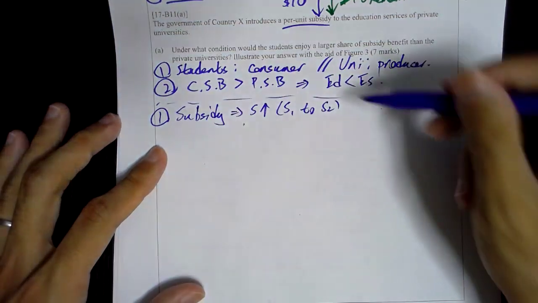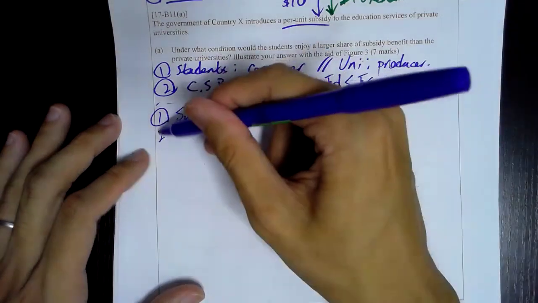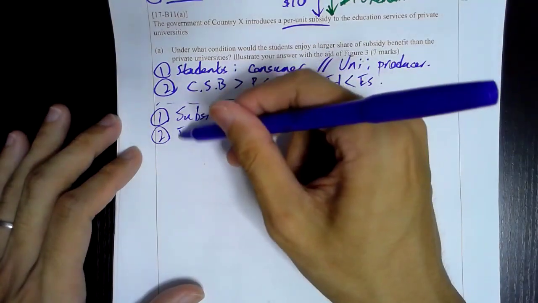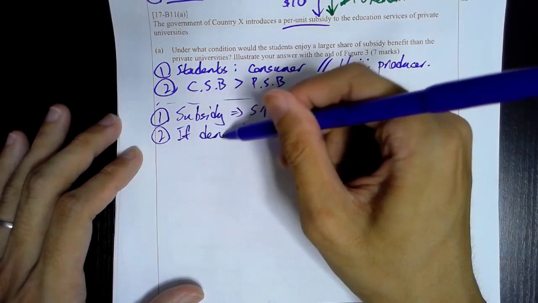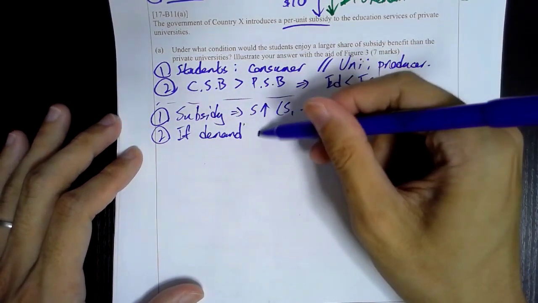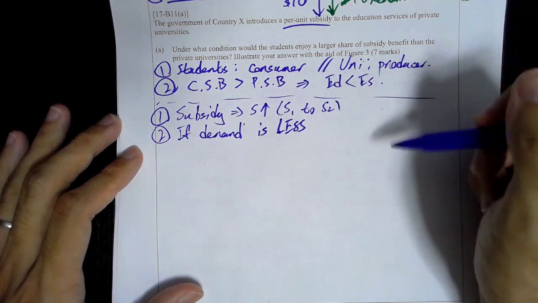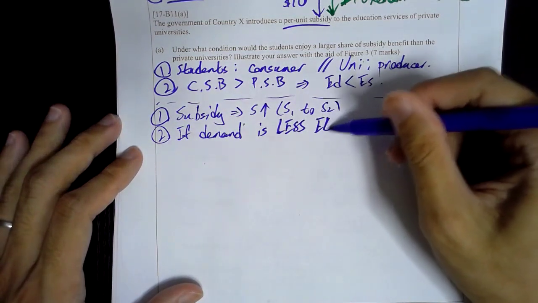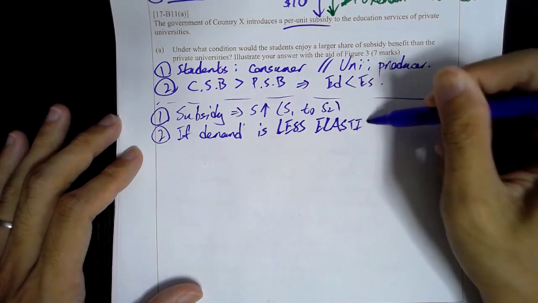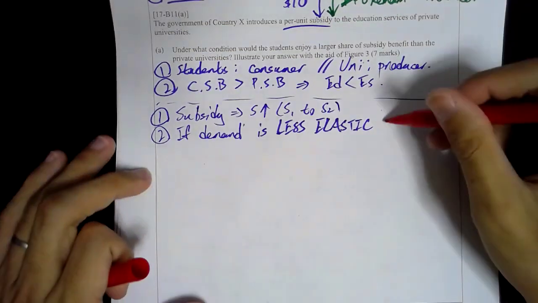Now the second step is the condition. If demand is less elastic, remember not to write it wrong, it is not inelastic, it is less elastic. Then we put a cross bracket.